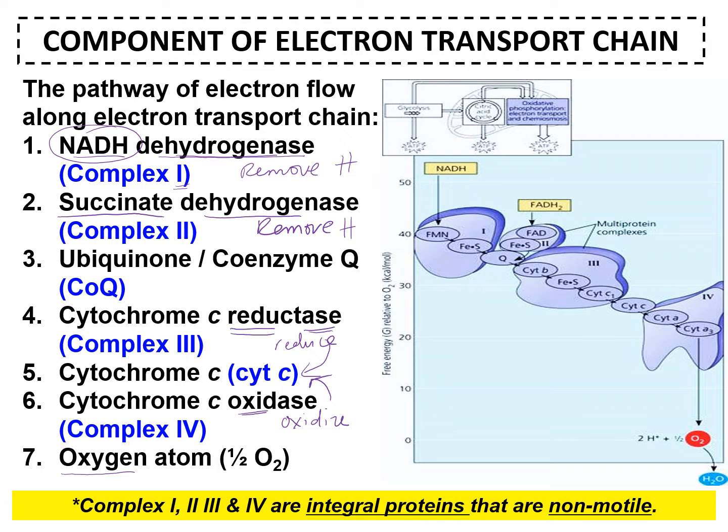Okay, look at the yellow highlighted sentence. Complex 1, 2, 3 and 4 are integral proteins, meaning that the proteins are embedded in the phospholipid bilayer and they are not motile, they cannot move.